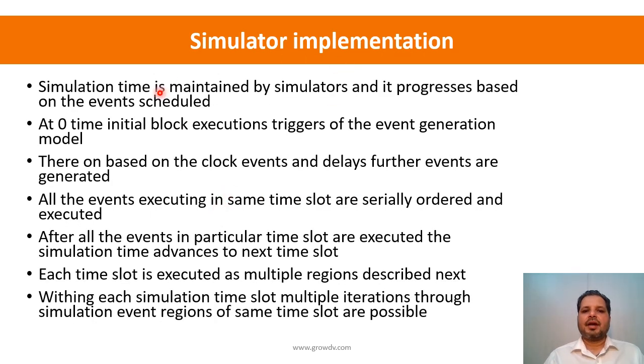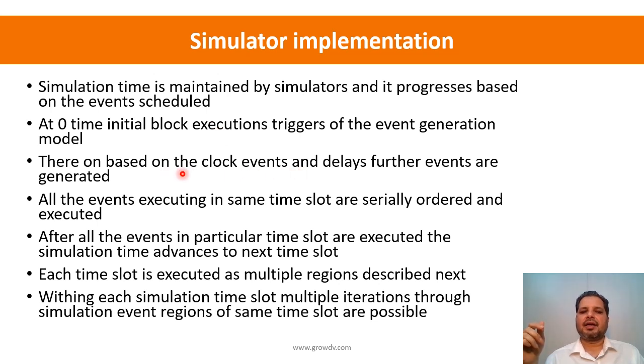So in summary, the simulation time is maintained by simulators, and it is progressed based on the events that are scheduled. At zero time, your initial block actually triggers your execution. It starts off the event generation, for example, starting the clock generation.